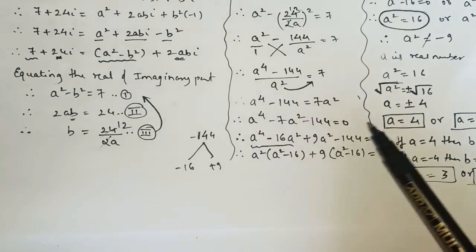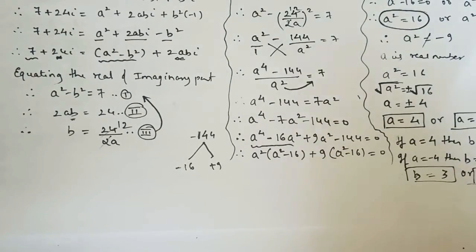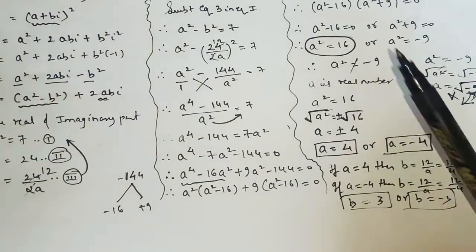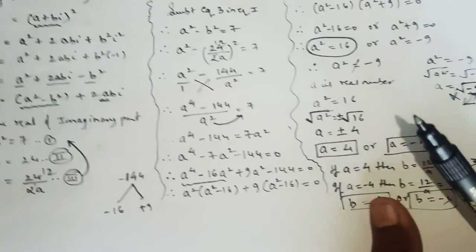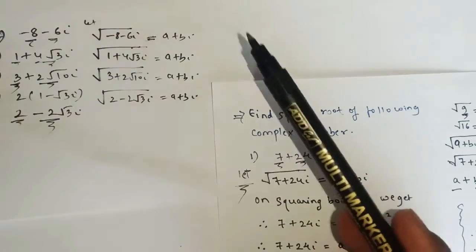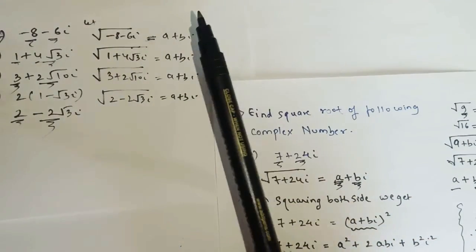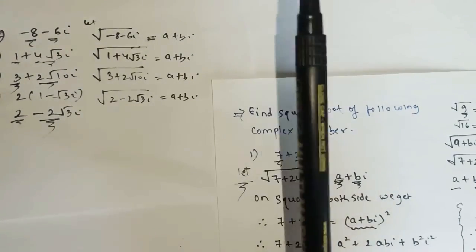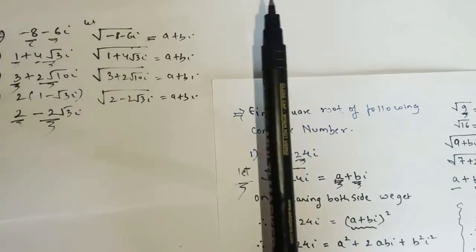So you will get a quadratic equation, then split, where you will get two values of a square. One will be positive and one will be negative. For each and every sum here also you will get two answers, one positive and one negative. You will consider only the positive value. You cannot take the negative value, because we know that the square of a real number cannot be negative.